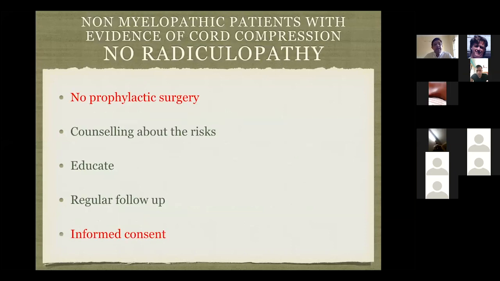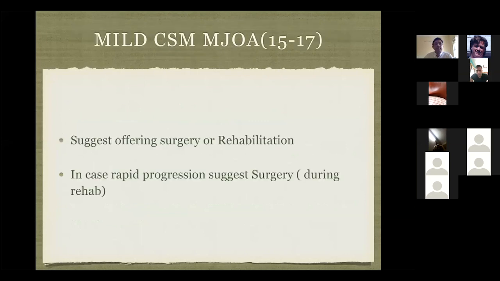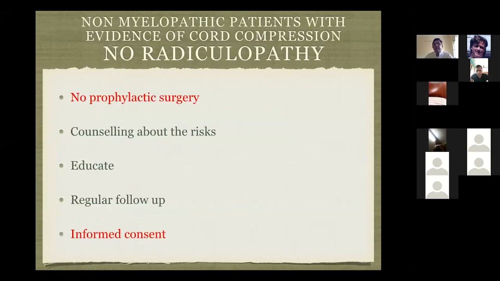I'll go back and I will tell you very clearly: moderate and severe cases, you have to do surgery. In the mild case, you can offer a surgery or rehabilitation. If there is a fast progression of the disorder, you operate immediately. But when you see a patient without any myelopathic sign, you do not advise them for surgery.